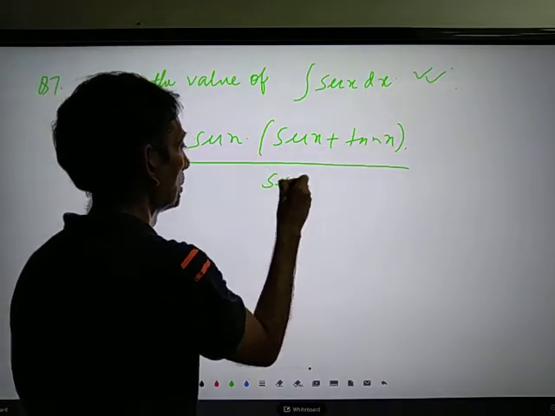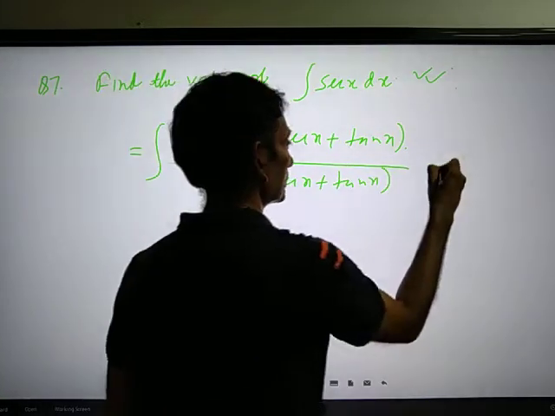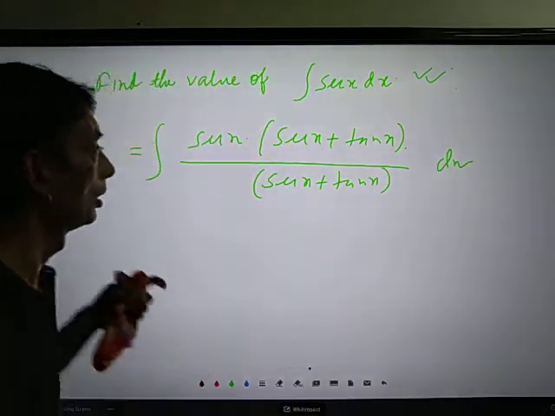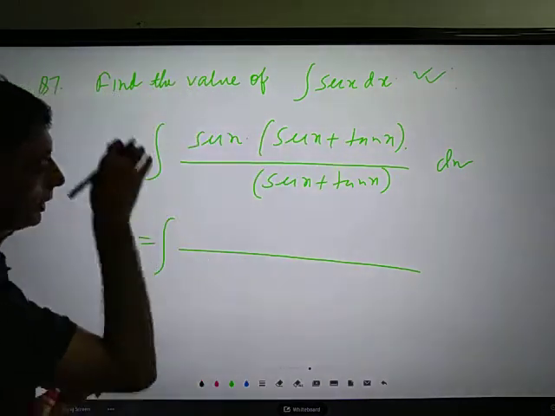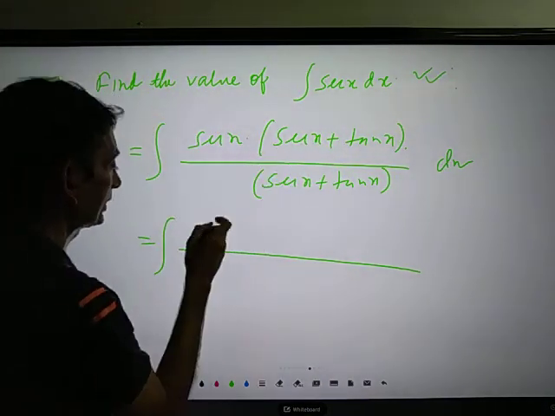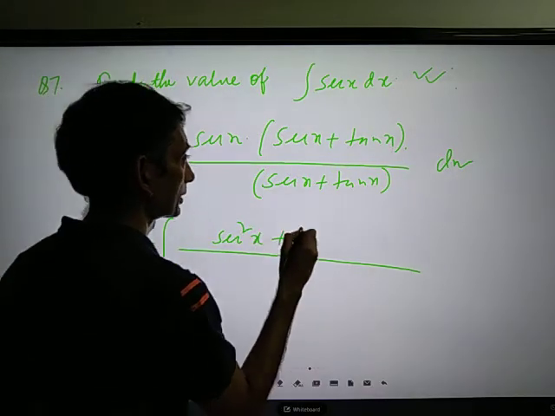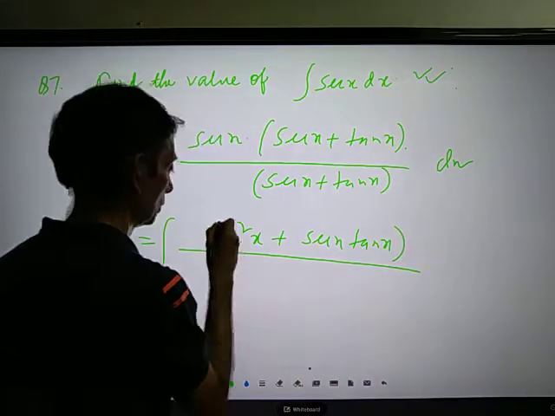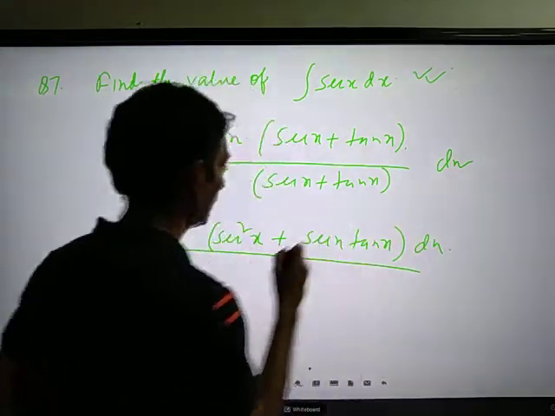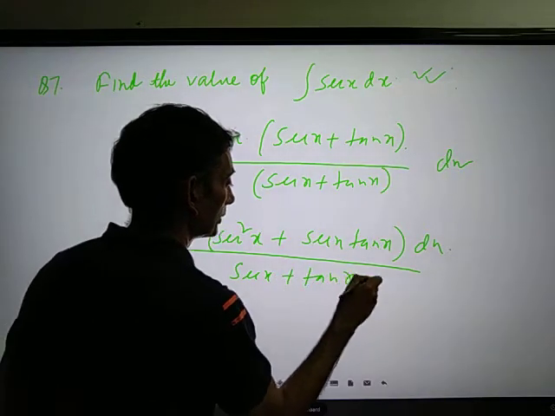Sec x into sec x is sec square x, plus sec x tan x, dx, and the denominator is sec x plus tan x.